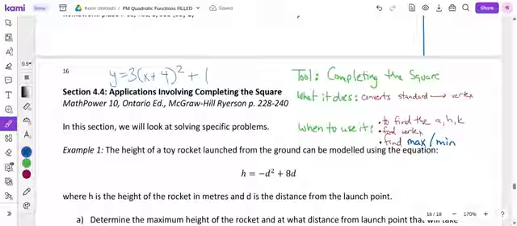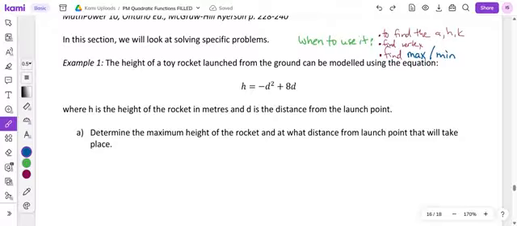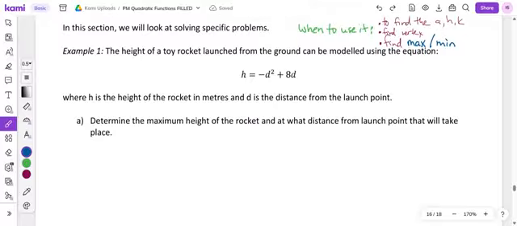If you were given the blue equation and said find the max or min, why are you not completing the square? Good. It's already in vertex form. Great. So again, it's important to understand when we use the tool. All right. So let's look at a few problems.